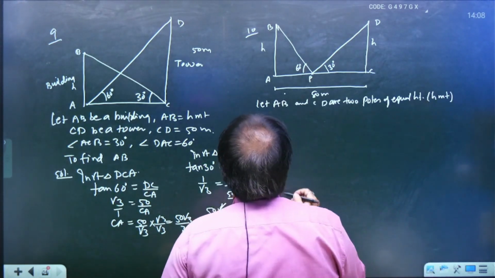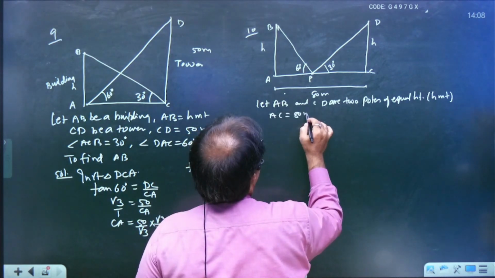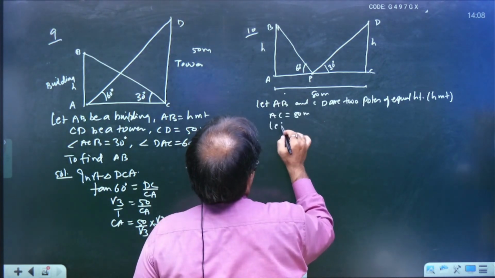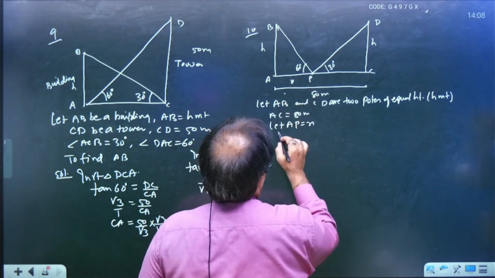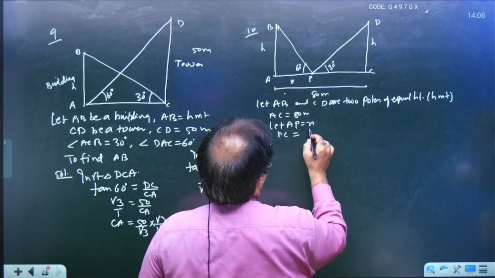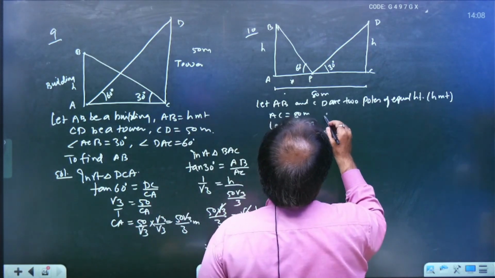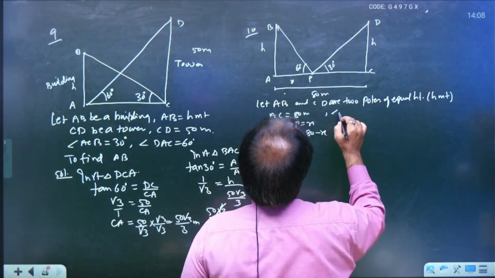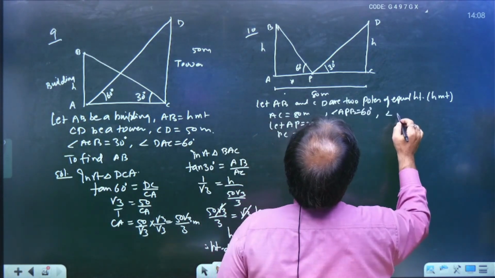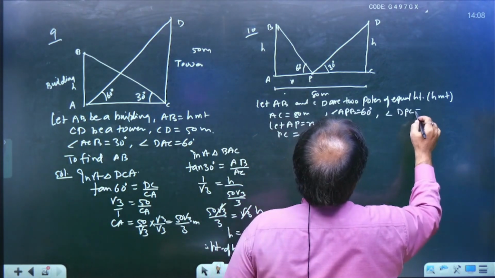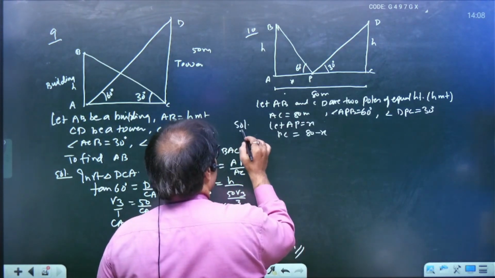And AC is given as 80 meters. Let AP be equal to x. So what about PC? That will be 80 minus x. And what is given is the angle of elevation: angle APB is 60 degrees and angle DPC is 30 degrees.